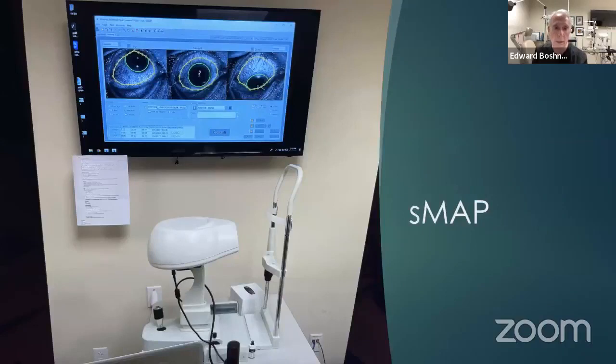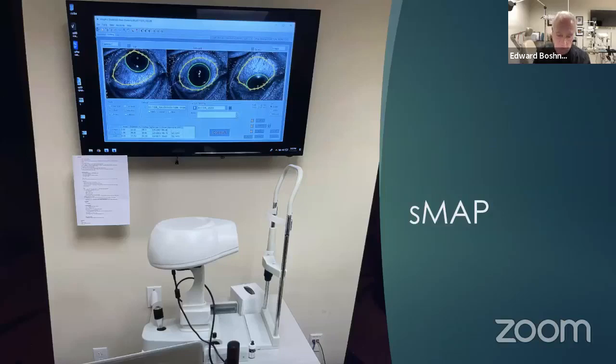So this is a computer we use, an imaging computer called the SMAP. There are several companies that are involved with this. The technology is referred to as profilometry, where we're mapping out not just the cornea, but the profile around the cornea. And with this instrument, we take 3 images of each eye.